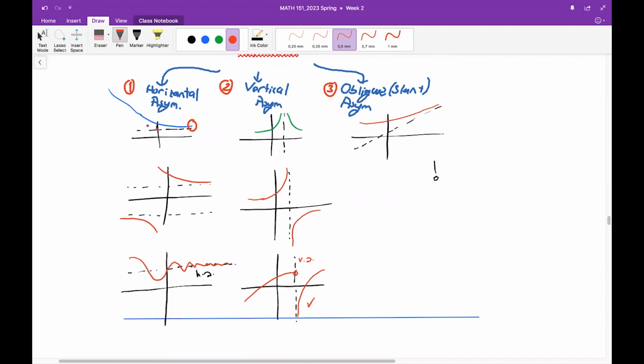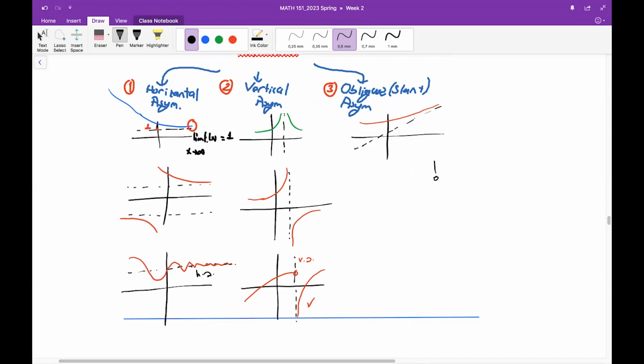Let's say this point is 1, and let's look at the limit of this blue graph function, the limit of f of x as x goes to infinity. For very large values of x, your graph gets closer and closer to which value? What is this limit? This value is 1. Yes, this limit is 1.